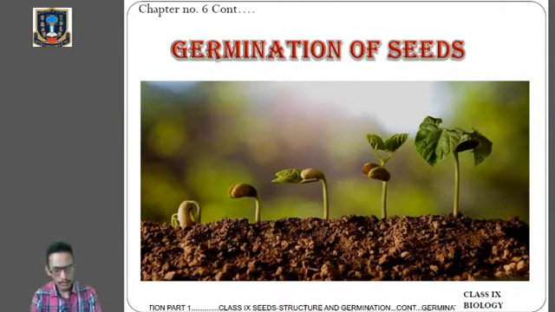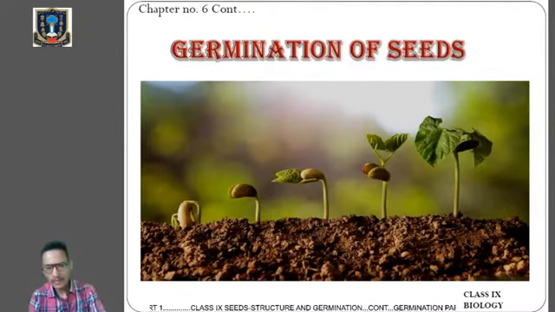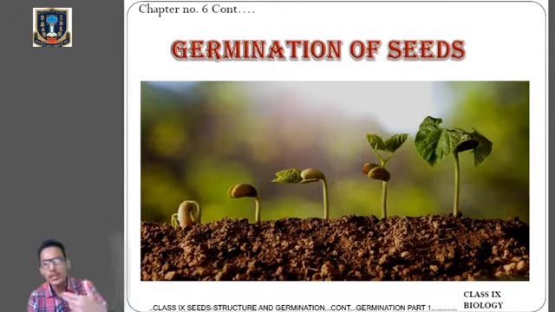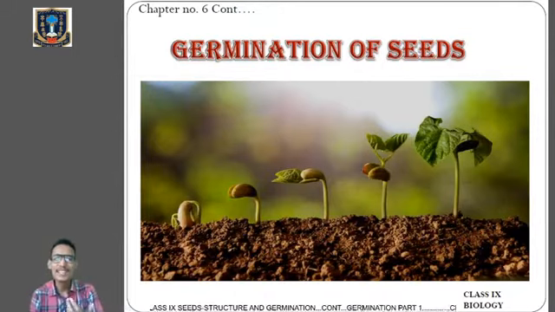So whenever seeds in dormancy become active when placed in favorable climatic conditions, and start growing to form a seedling, we call it germination.